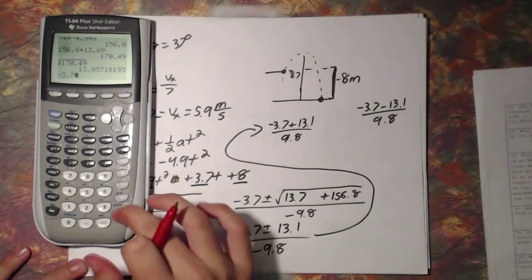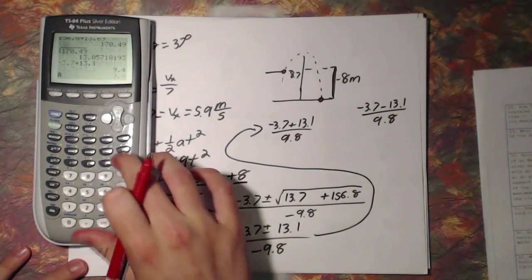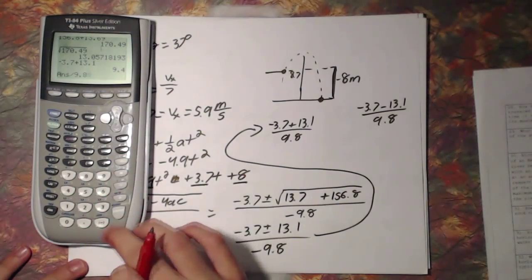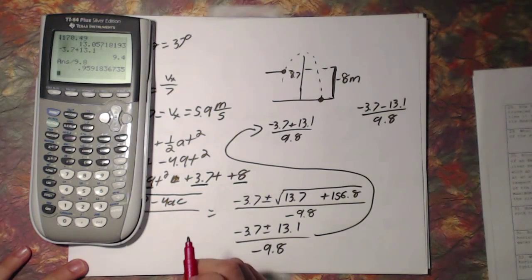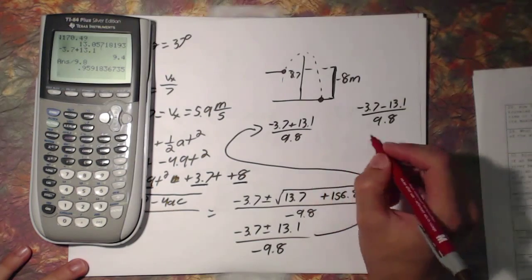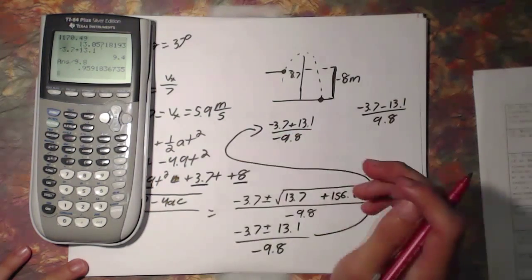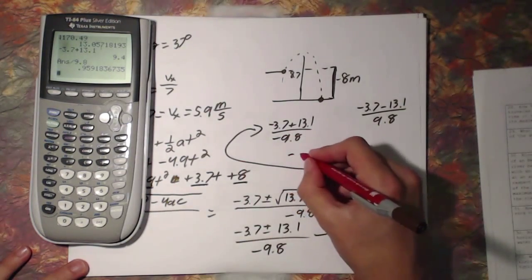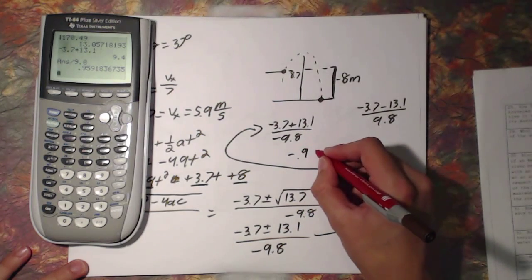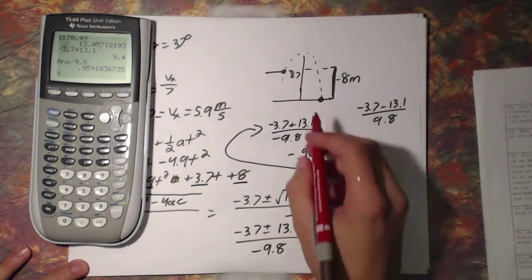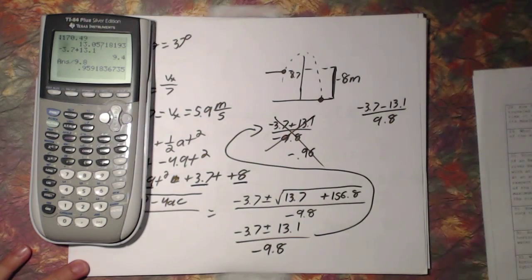Negative 3.7 plus 13.1 divided by negative 9.8 is going to give you negative 0.96 seconds, which doesn't make any sense. We don't want a negative time, so forget that.